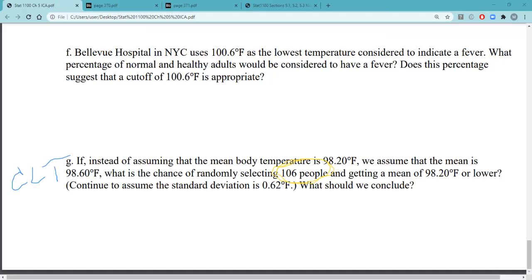So now I'm going to assume that the mean is 98.6, and I want to know the probability of getting a cutoff of 98.2 or lower. We're using the same standard deviation. So I have z is equal to x minus mu over sigma divided by the square root of n, since we're using this central limit theorem.